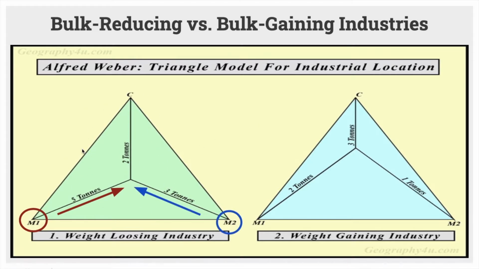In the diagram on the left, you can see that one resource is used on the left, another material is used on the right. One is 5 tons, one is 3 tons, but when produced, it actually reduces the bulk down to 2 tons. So we would want the production center to be closer to where we find the resources.